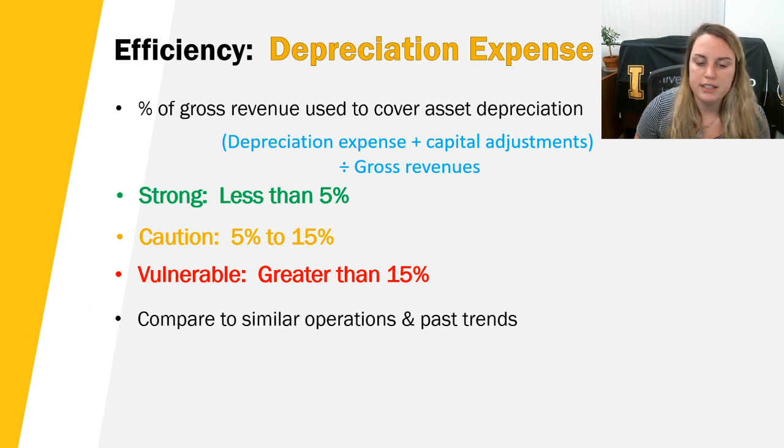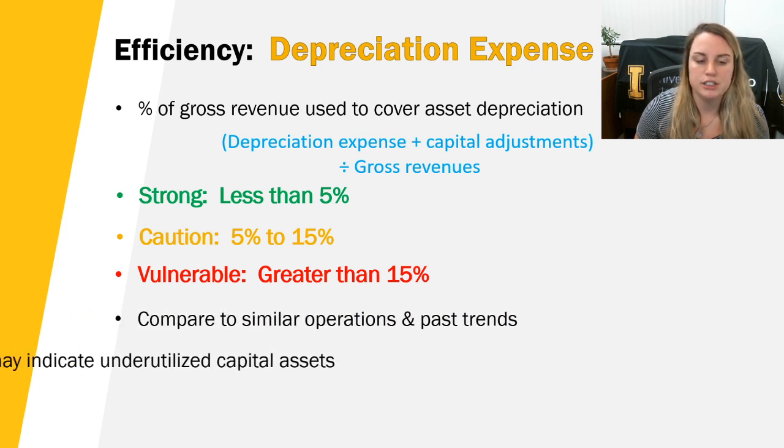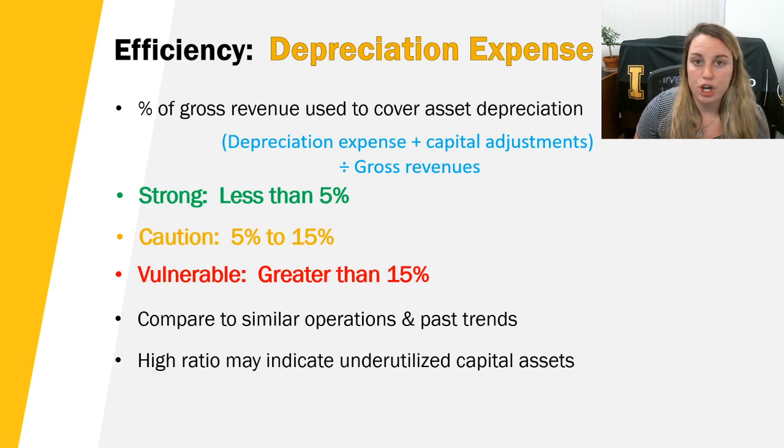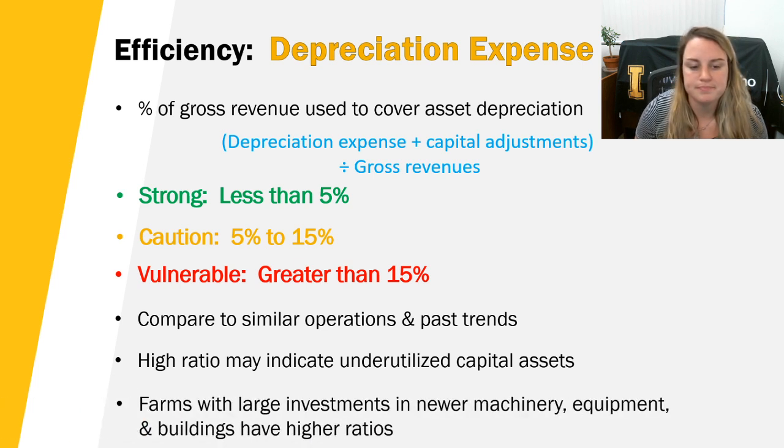Compare to similar operations and past trends. A high ratio may indicate underutilized capital assets. If you aren't using that machine as much as you thought, maybe you shouldn't have bought it, because it's costing you more money.